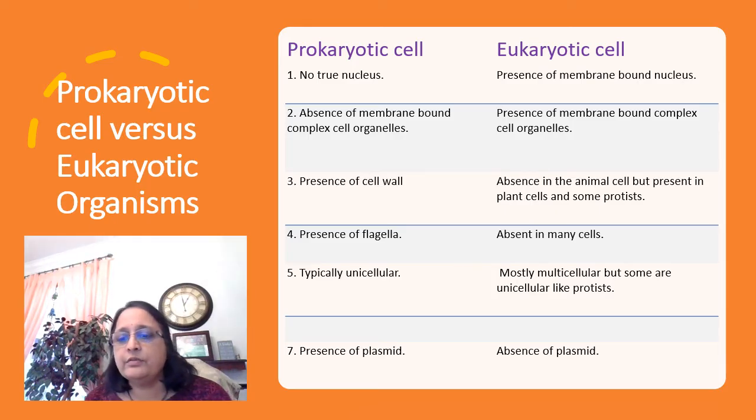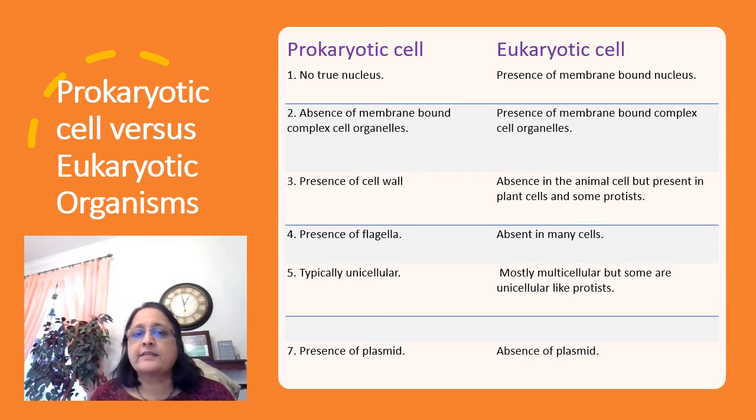Let's move on to the differences between prokaryotic and eukaryotic cells. A prokaryotic cell has no true nucleus, whereas a eukaryotic one has a membrane-bound true nucleus. In prokaryotes, DNA is freely floating inside the cell, whereas in eukaryotes, DNA is enclosed within the nucleus.